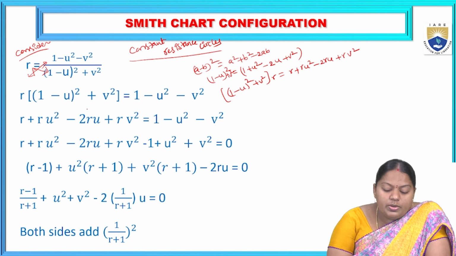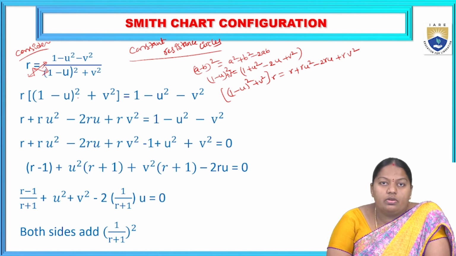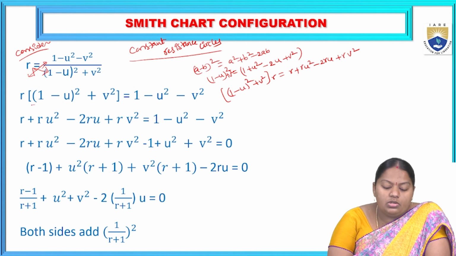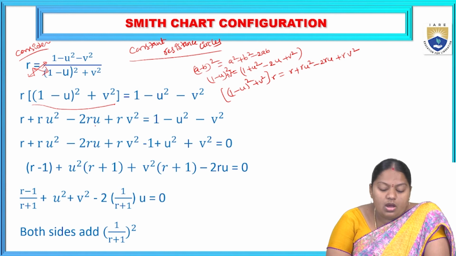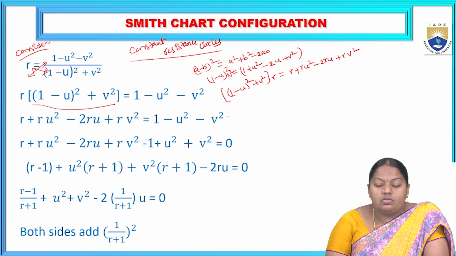If you expand the (a minus b) whole square formula, add v square, and multiply the total inside term with r, then the resultant will be r plus r u square minus 2ru plus r v square, right? Which is equal to, on the RHS part, 1 minus u square minus v square.